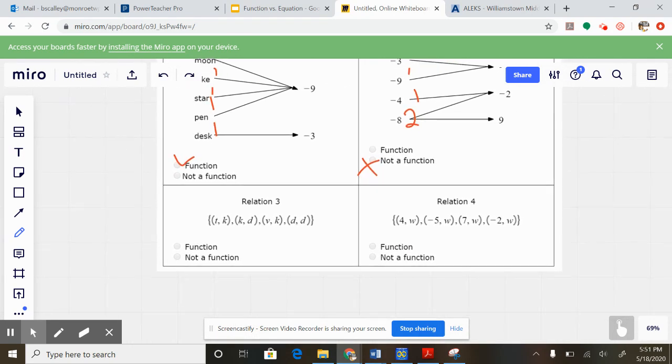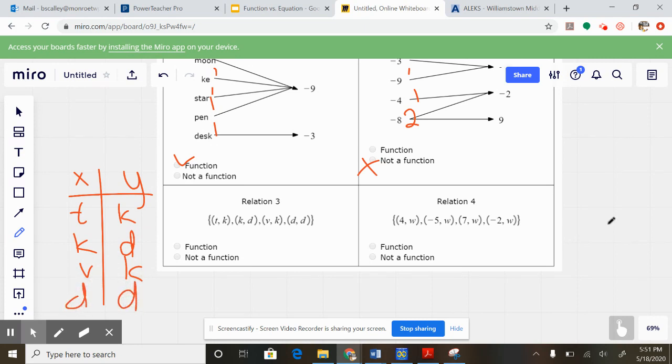Now, for relation 3, maybe you might be more comfortable if I put this in a table. So x, y would be my inputs and my outputs. TK, KD, VK, and ED. Now, T, one output.